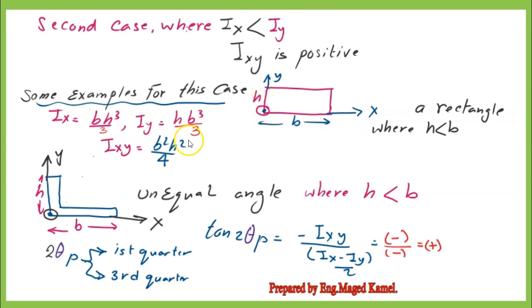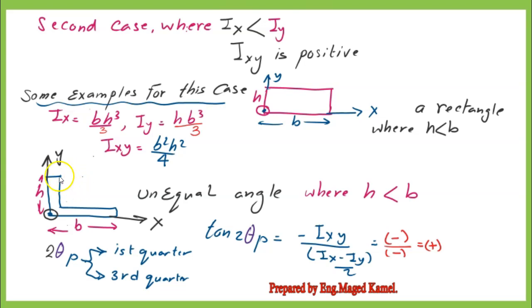In the left corner, we have Ix equals b multiplied by h raised to the third power divided by 3, where Iy is equal to hb raised to the third power divided by 3. The product of inertia Ixy is b squared multiplied by h squared divided by 4.